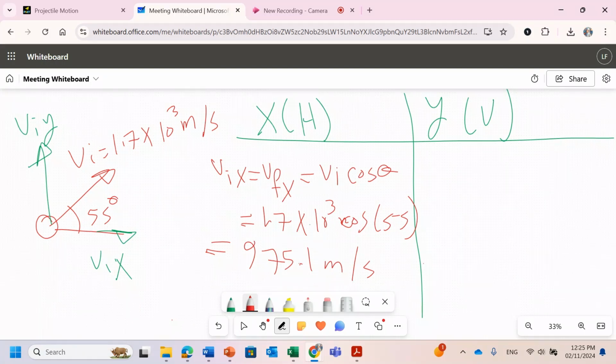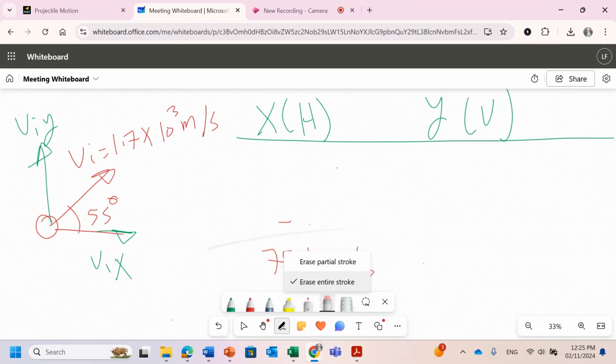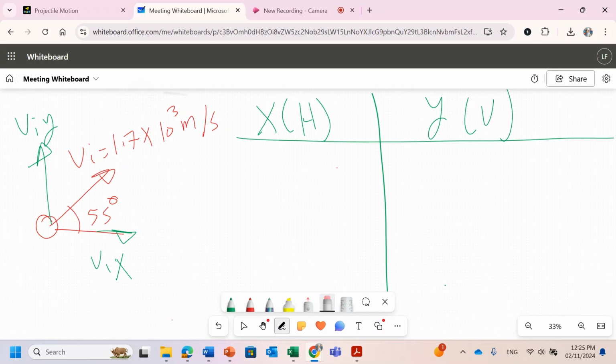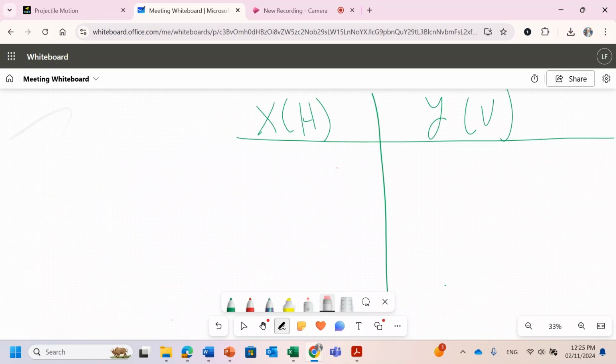Now, next we have the second equation, and we're still in the X direction. Let's just erase this first.